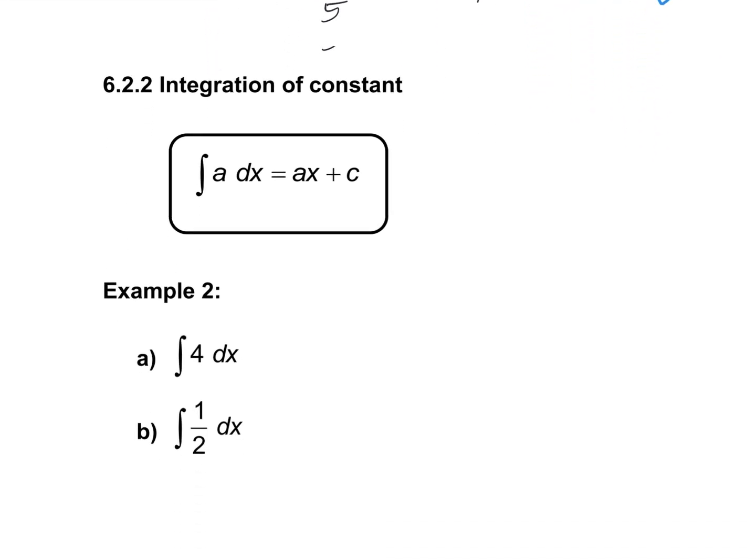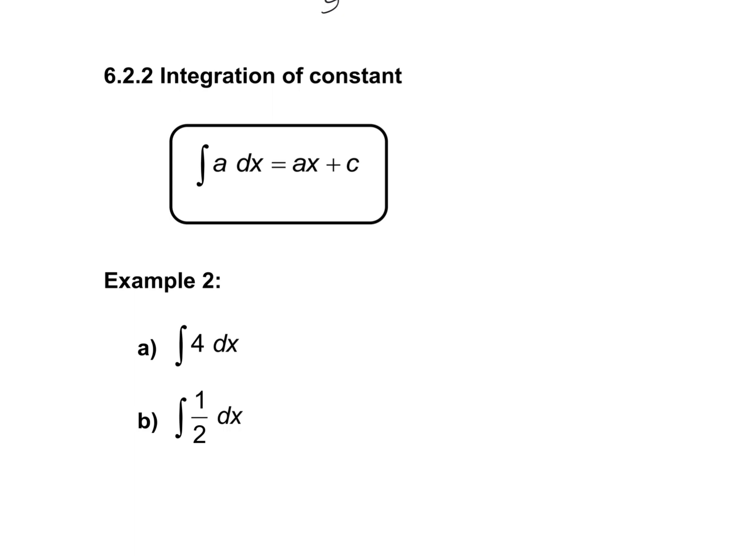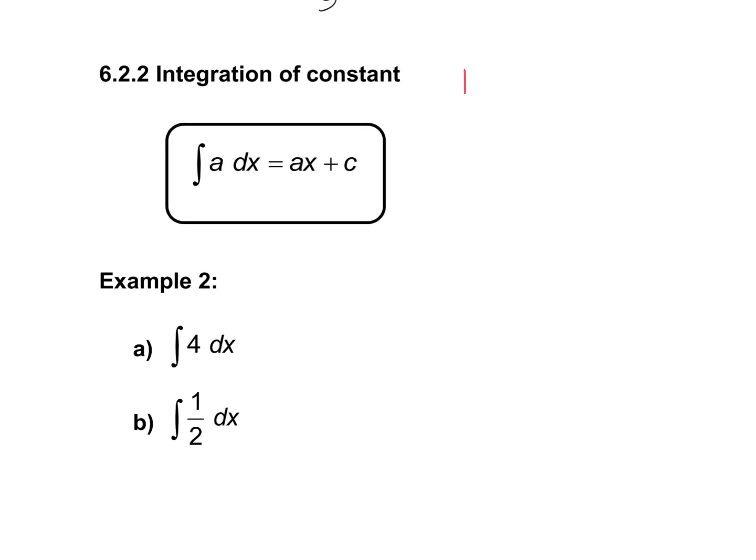Okay. The second part is the integration of constant. So what is constant? Constant is any numbers that you don't have any variable associated with them. Okay. So constant, apa-apa nombor lah, you ada 1, 2, 5, 10, semua ni constant. Okay. So if you integrate for any constant, okay, you can refer here. Integrations of a dx is equals to ax plus c.